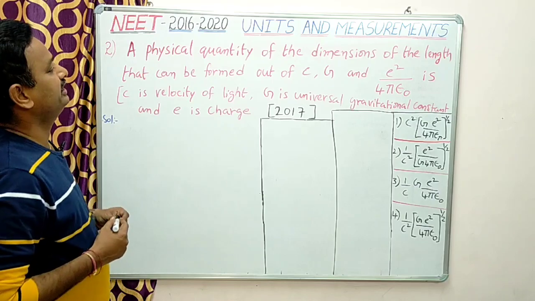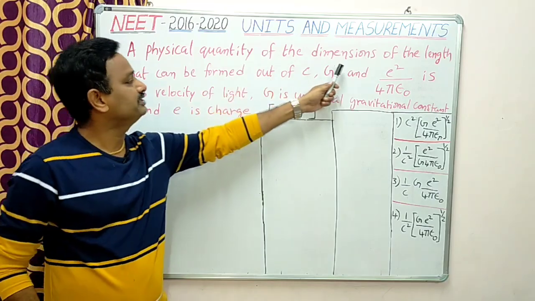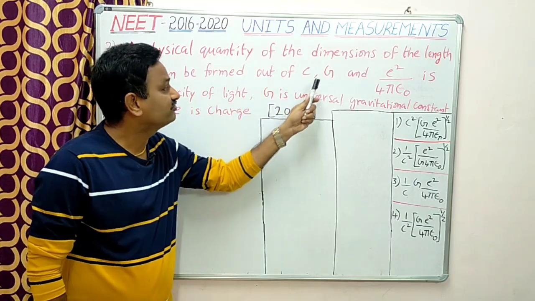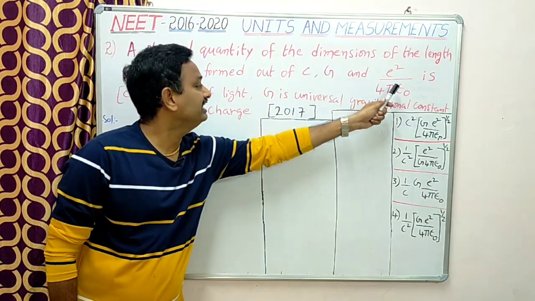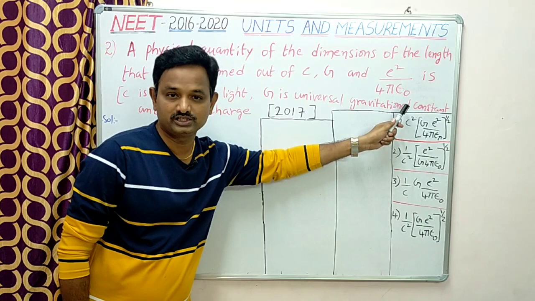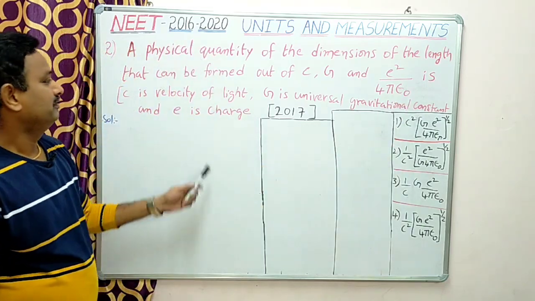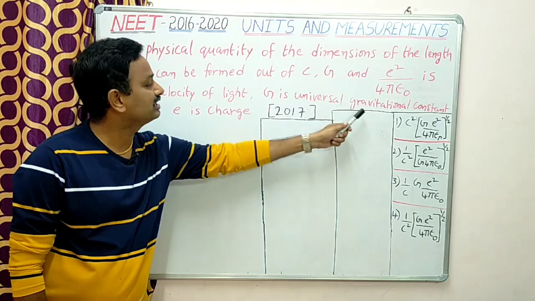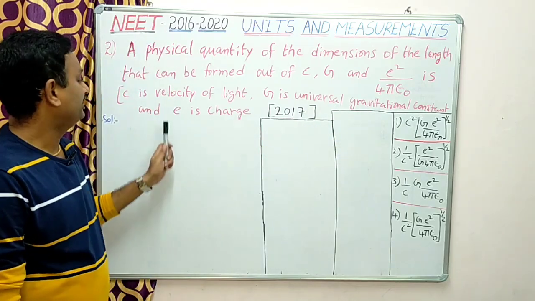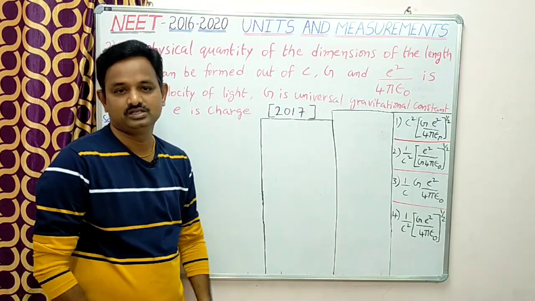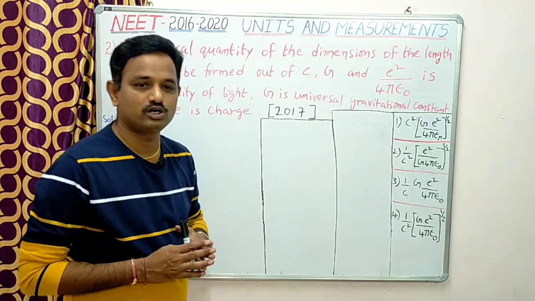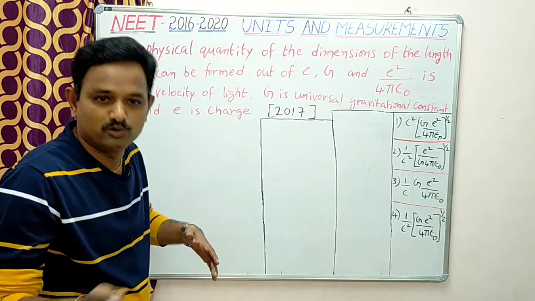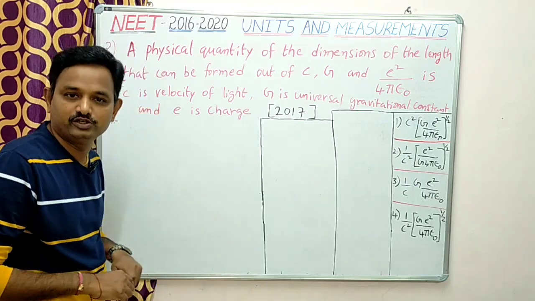A physical quantity of the dimensions of length that can be formed out of c, G and e square by 4 pi epsilon naught is, where c means velocity of light, G is the universal gravitational constant and e is charge. See, it is the same model we got in 2016 phase 2, and that model came again in 2017.